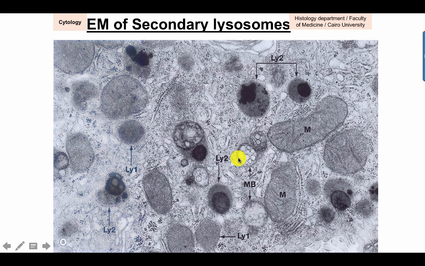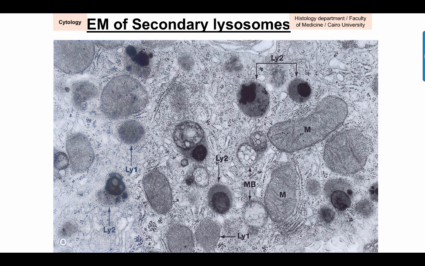But this one is also a secondary lysosome, in which we can see some droplets. So this one is a secondary lysosome formed by the fusion of the primary lysosome with the pinocytic vesicle. So it is a multivesicular body, one of the types of the secondary lysosome.